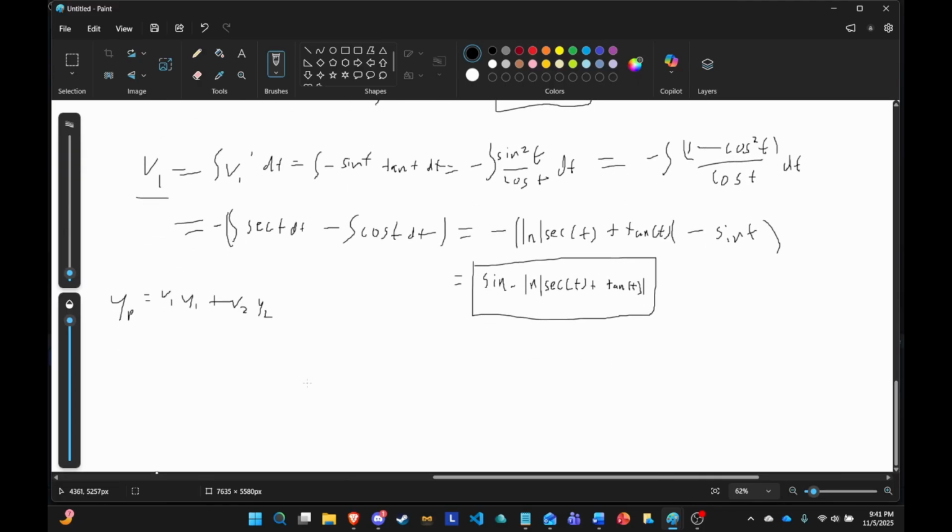So it's going to be equal to sine of t minus natural log of secant of t plus tangent of t.